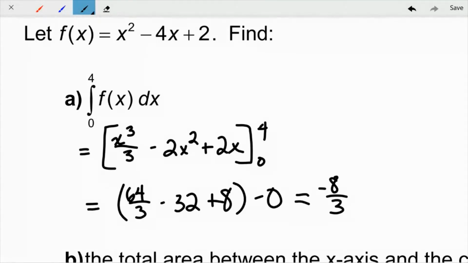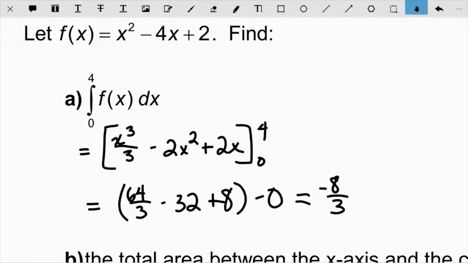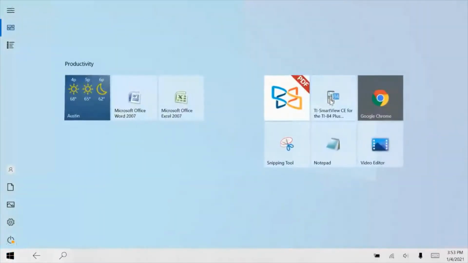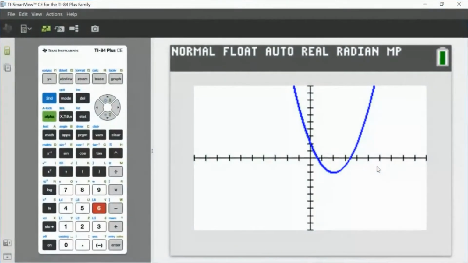Okay, so we could do that by hand, or we could do it on the calculator. The main thing is the integral is giving us the net value when we look at the areas. And when I say the net value, I'm talking about areas above the x-axis being treated as positives, the areas below the x-axis being treated as negatives. So let's take a look at this function and just look at the graph.